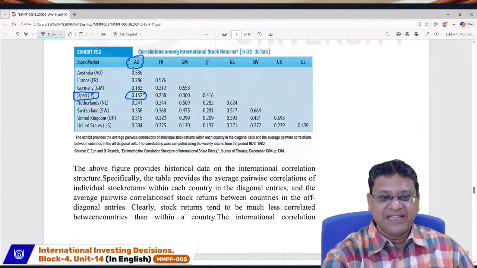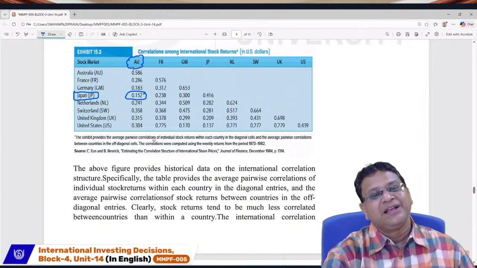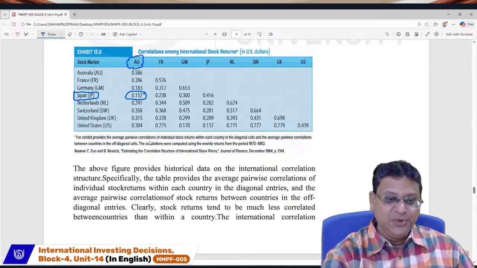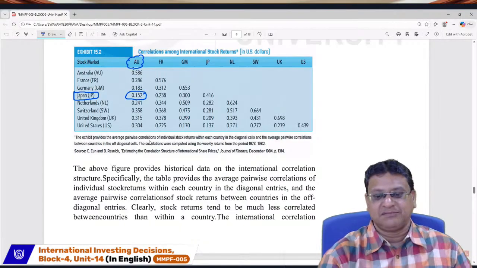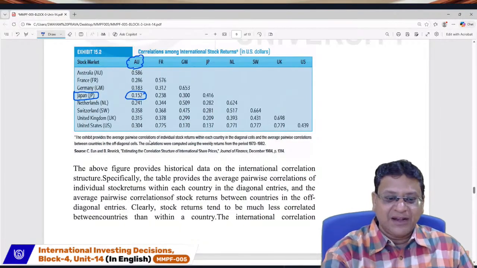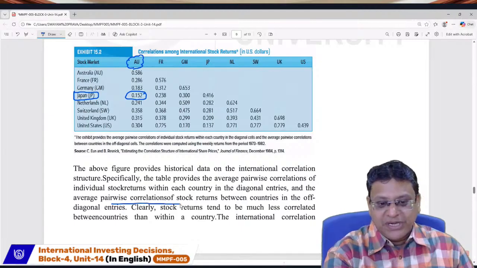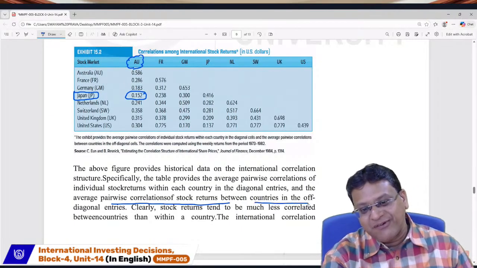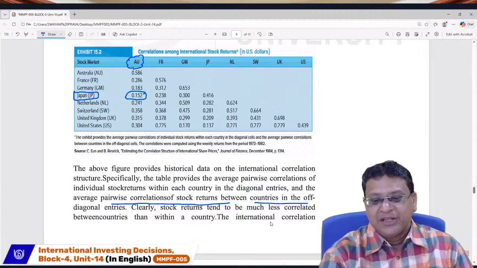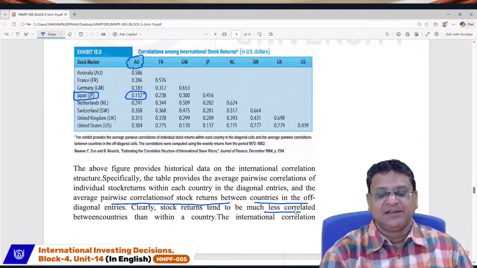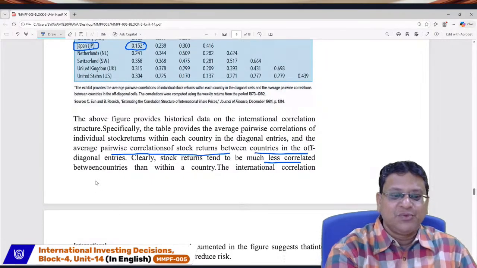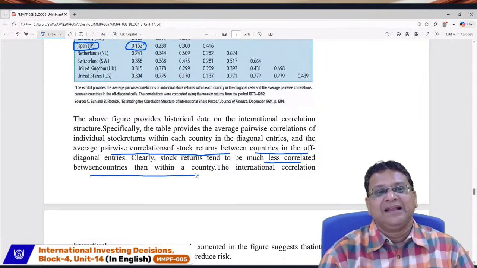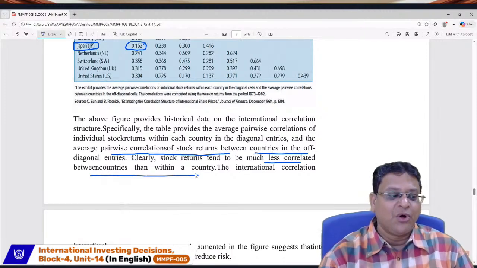So you have to find out like this, with which country's stock market return your country's stock market return has a low level of correlation. Okay, so you can calculate pair-wise correlation of stock between different countries, and the country where it is less correlated gives you an ideal situation for international diversification of your portfolio.